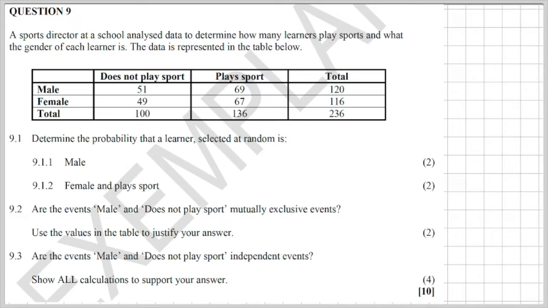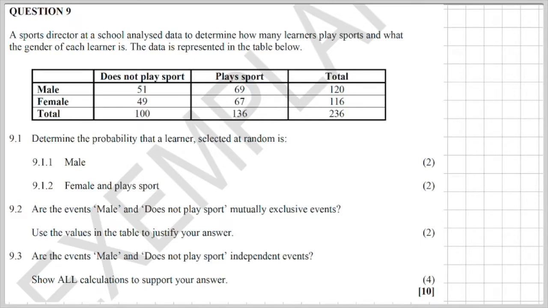He was not actually just looking at learners, genders and playing sport. What they are actually looking for when drawing up a two-way contingency table is whether the gender influences whether the kids will play sport or not.